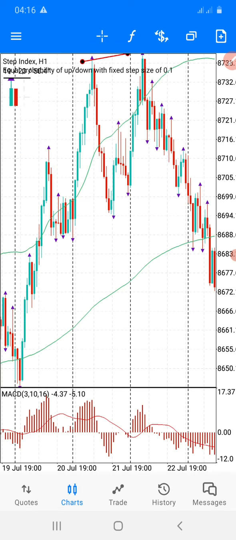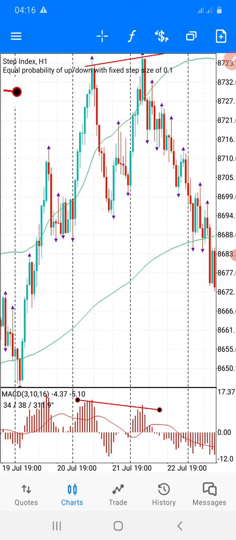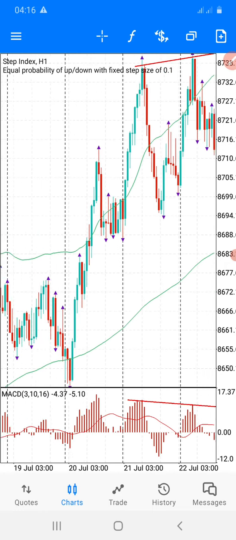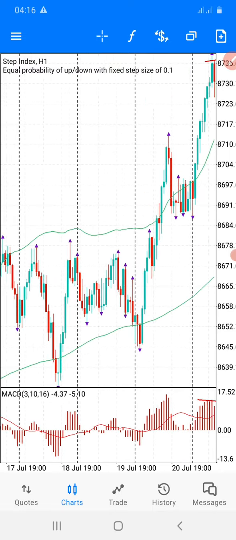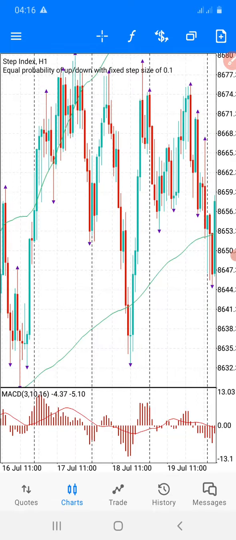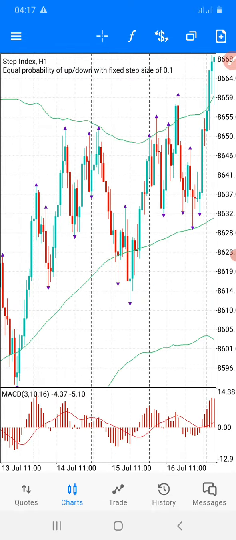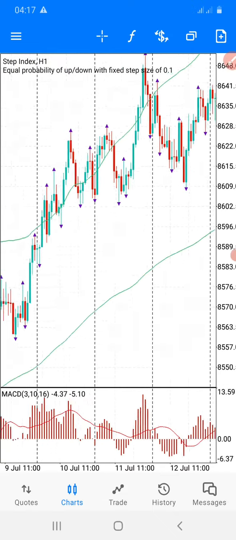There is another one. We are having a higher high, but you see our indicator is making a lower high.